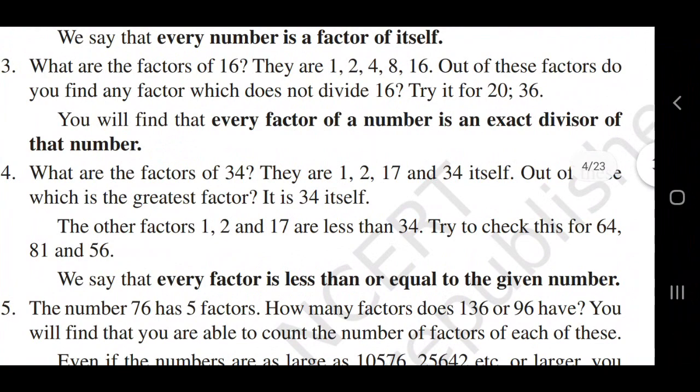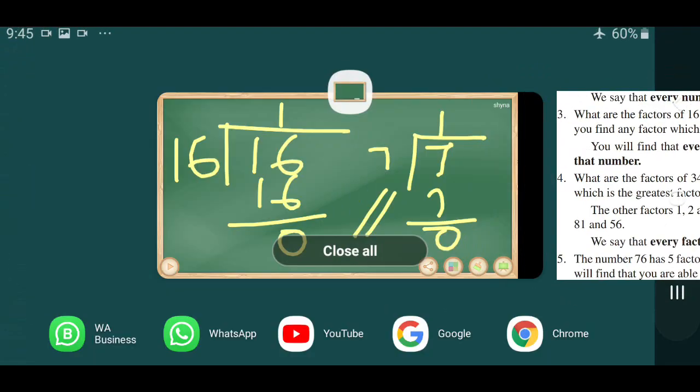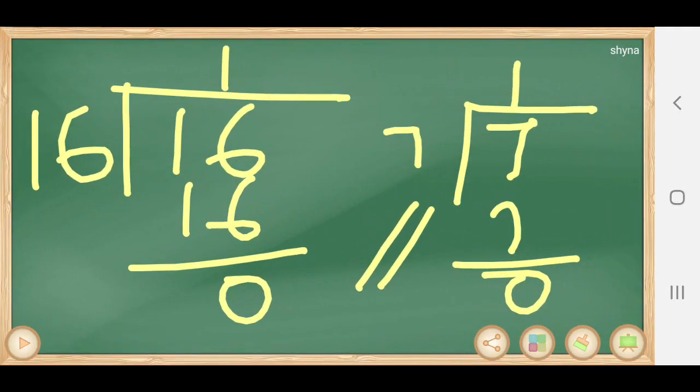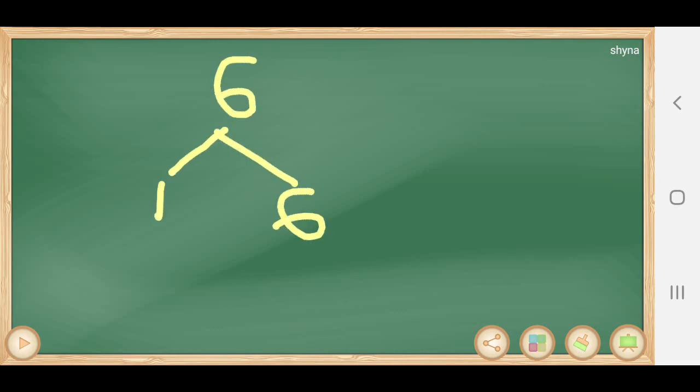The next property is every factor is less than or equal to the given number. Let's take another number, 6. Factors are 1 into 6, 2 into 3. Any other factor?